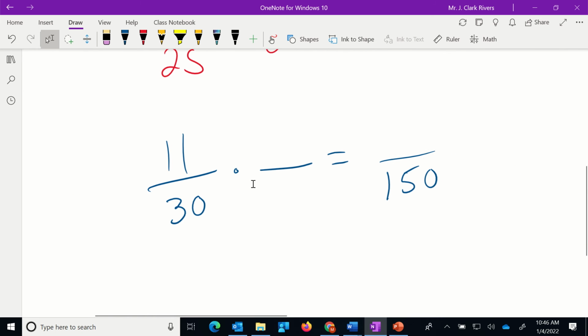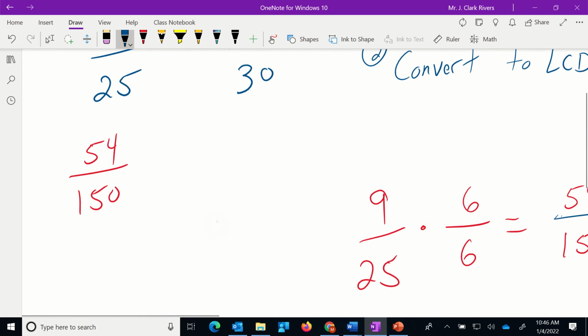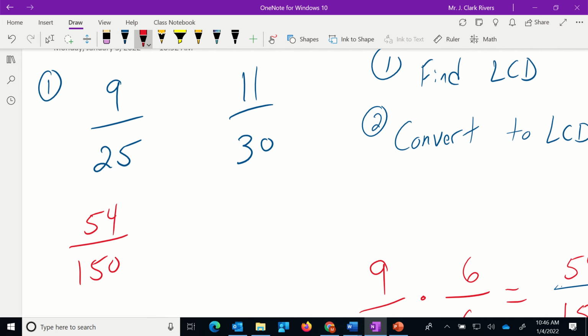Okay, same thing for 11/30. 30 multiplied by what is 150? Yep. 3 multiplied by 5 is 15, so 30 multiplied by 5 is 150. What do we have to put in the numerator? 5 as well. What's 11 times 5? 55. So 11/30 becomes 55 over 150.